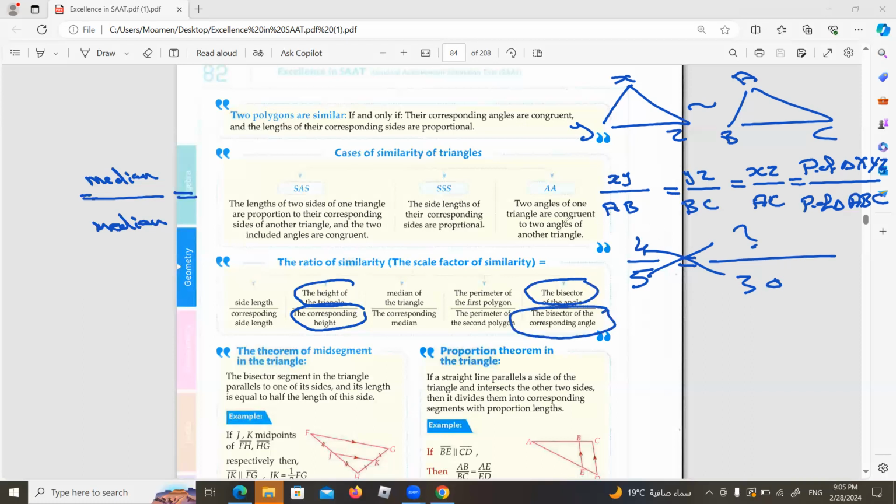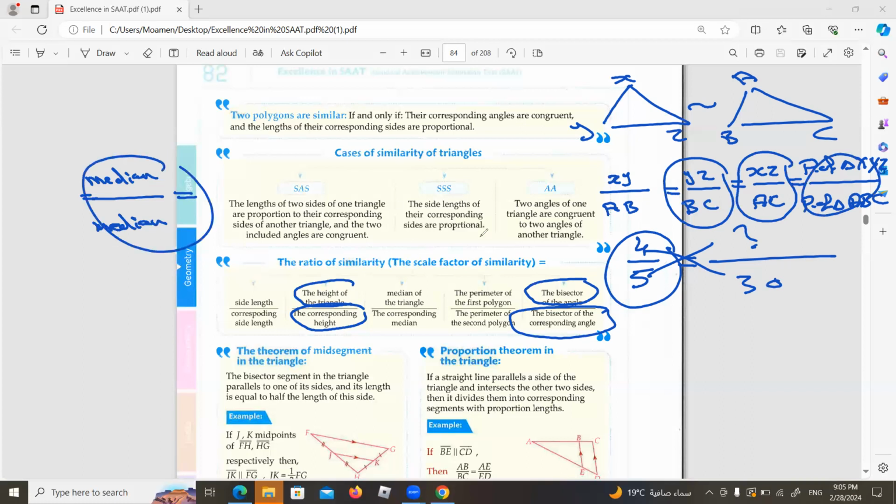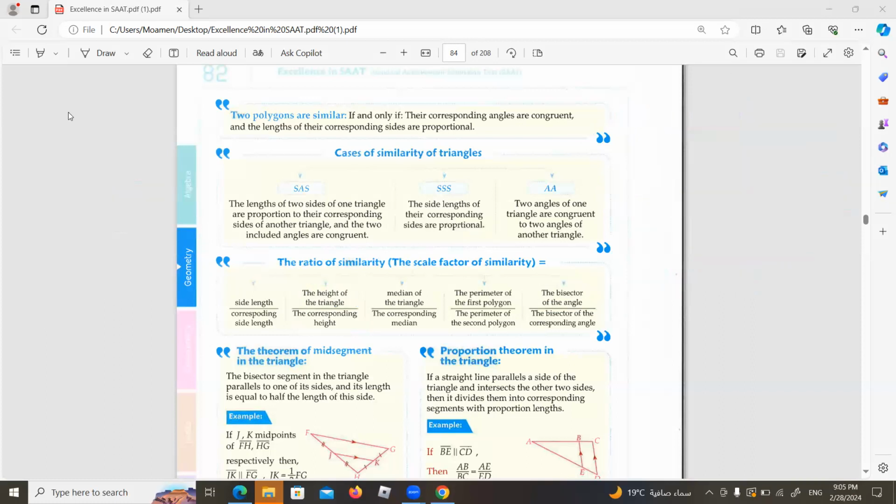All this have the same ratio? Yes. If I said, for example, XY over AB equals 4 over 5, so the second side must be 4 over 5. The third side with the third side is 4 over 5. The perimeter over the perimeter, the median over the median, and so on. All this is included in the proportion.